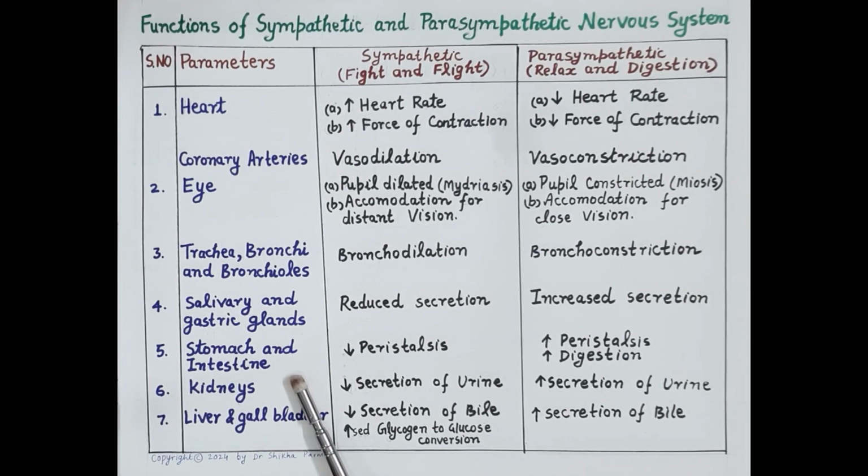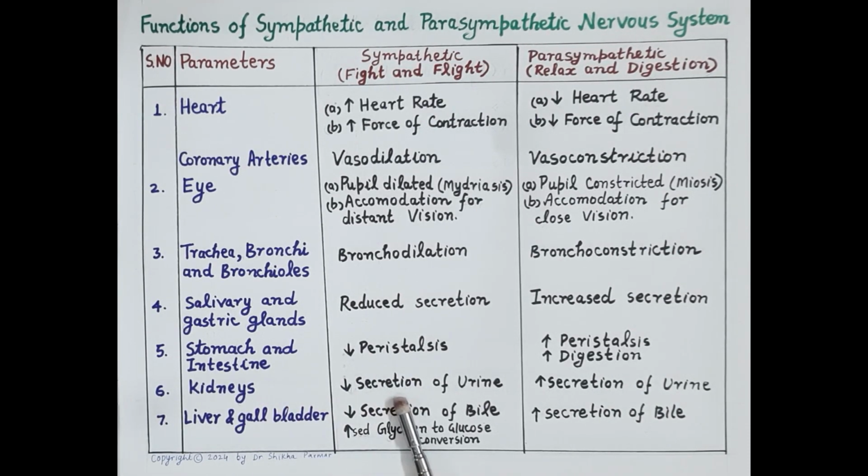Then the effect on stomach and intestine. Parasympathetic stimulation also increases peristaltic movements in the stomach as well as the intestine, and this increases digestion, while sympathetic stimulation reduces peristalsis.